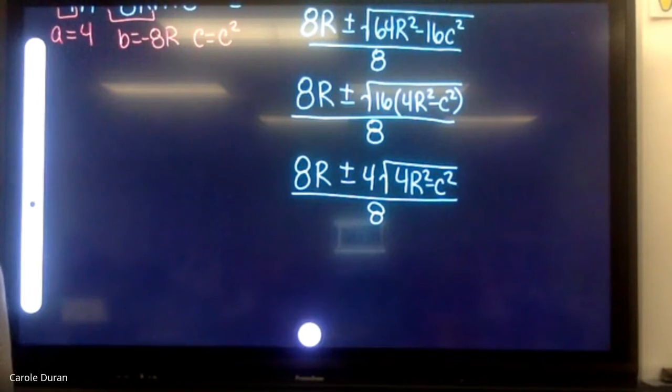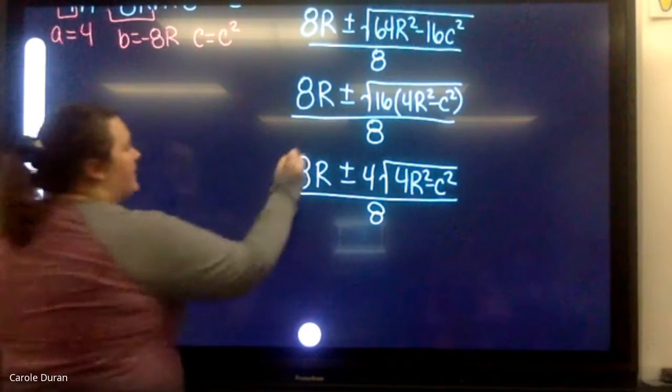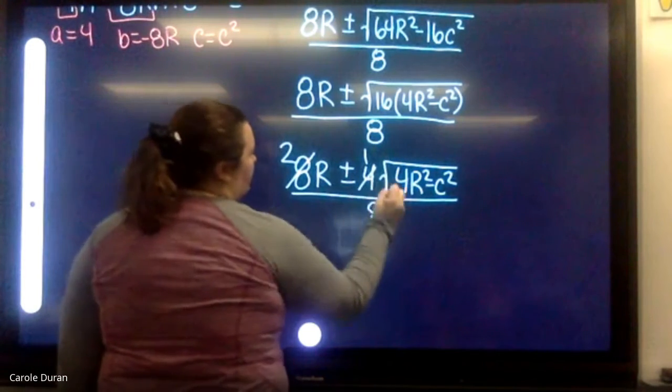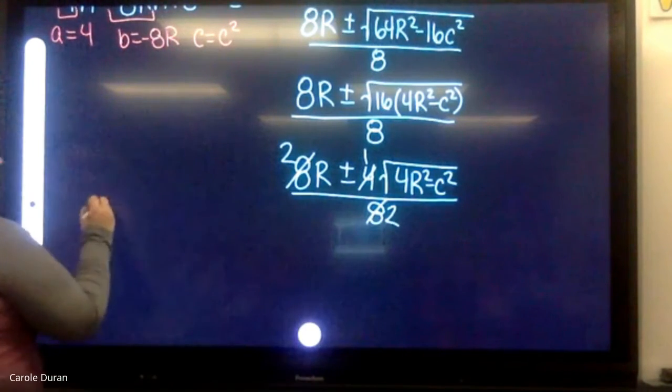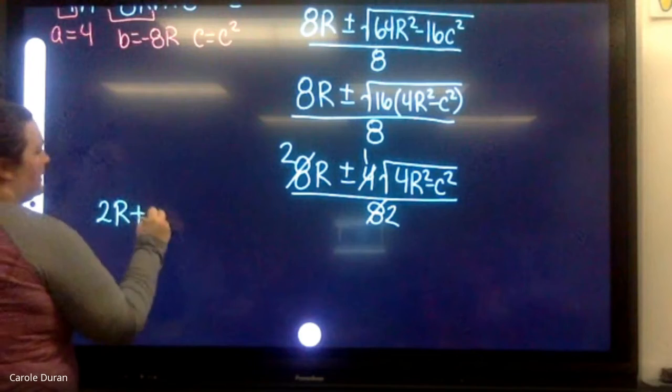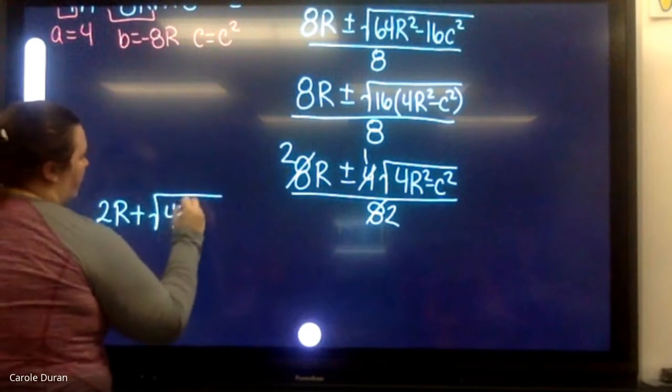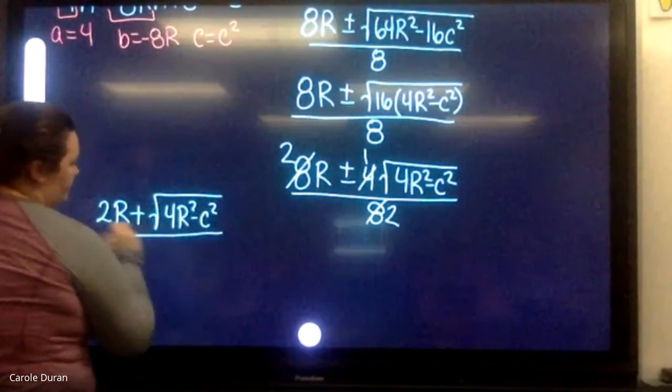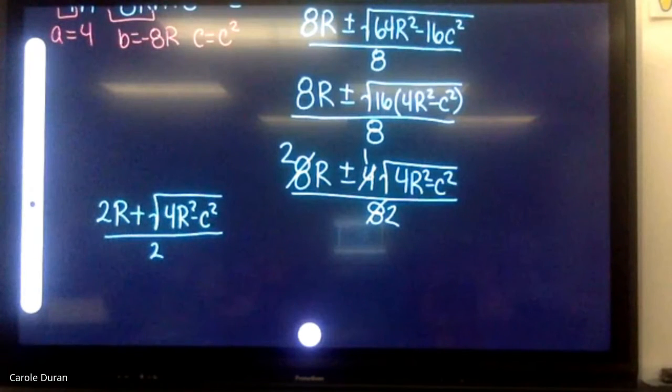Is that as simplified as I can go on this problem? Hopefully. No, why not? Yeah. I can take a 4 out of 8, 4, and 8. So when I take a 4 out, I'm left with 2r plus or minus the square root of 4r squared minus c squared over 2.